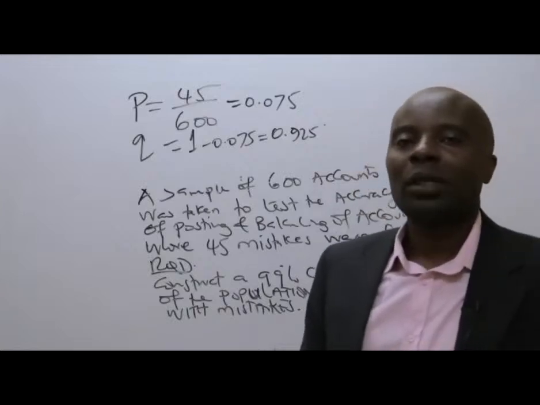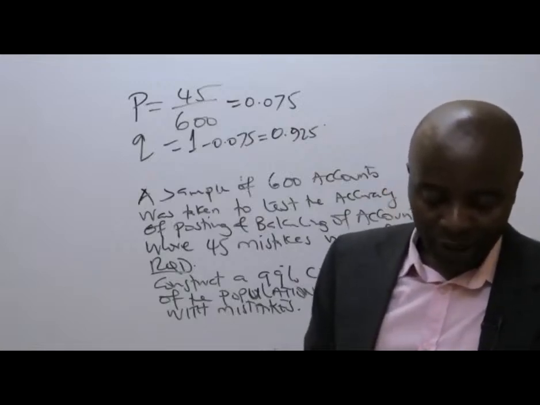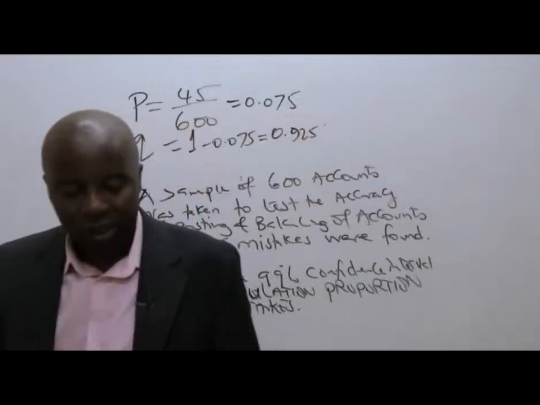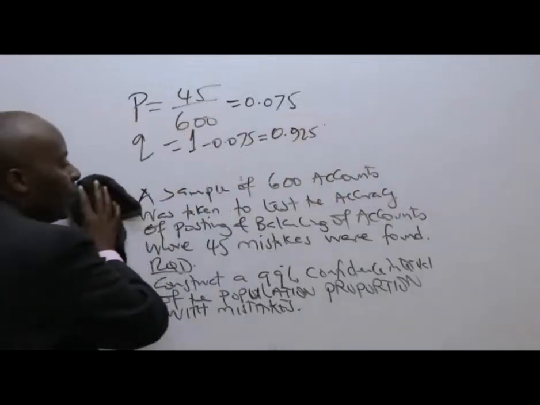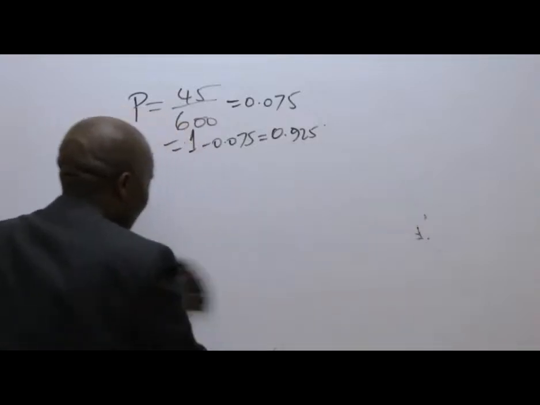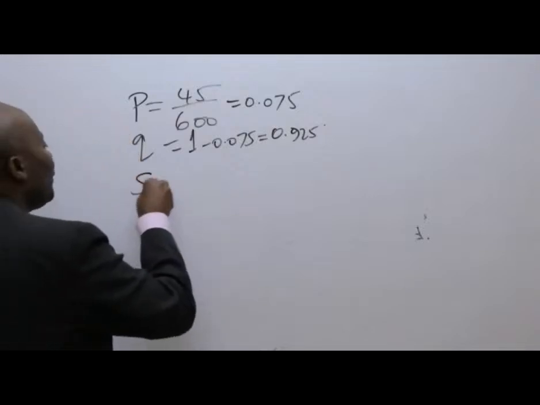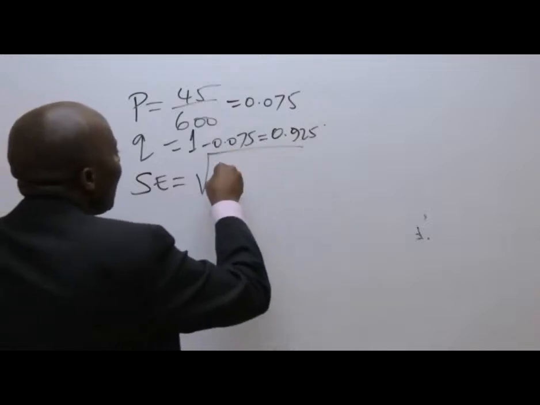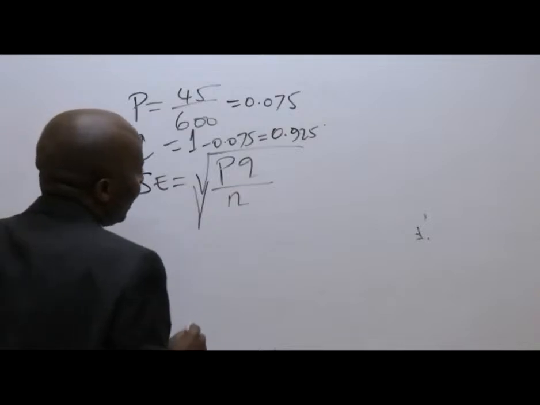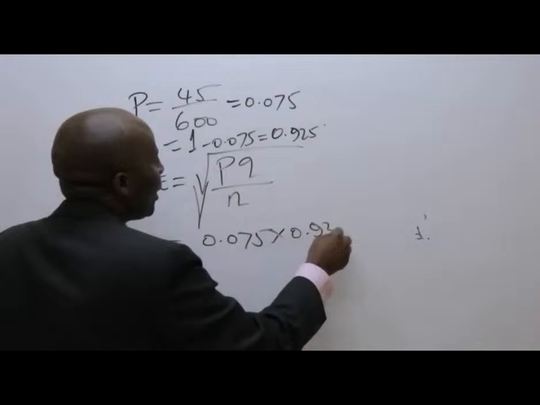Who is able to calculate that standard error for us? The standard error in the case of proportions will be obtained by multiplying 0.075 times 0.925.